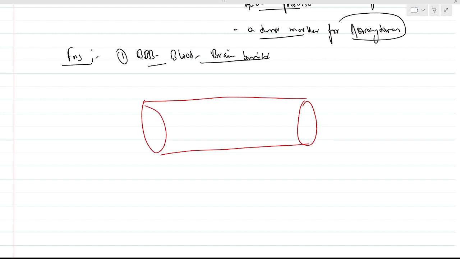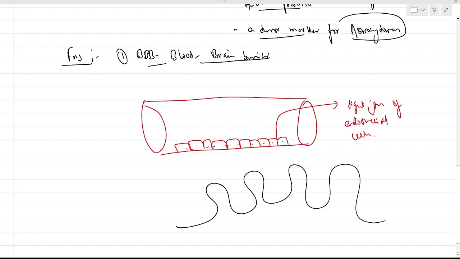These are the endothelial cells in the blood vessels, composed of tight junctions of endothelial cells. Now this is the brain tissue.